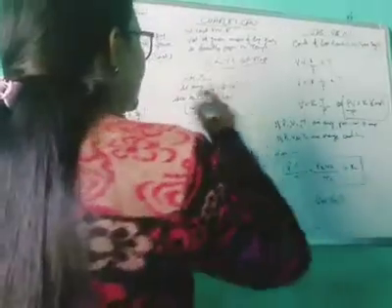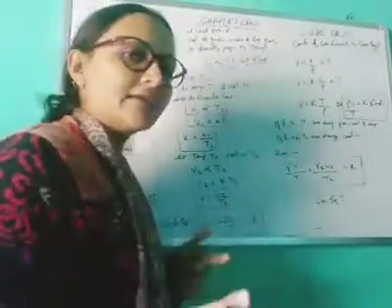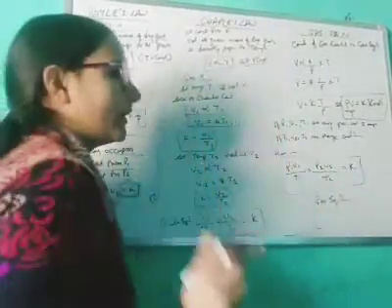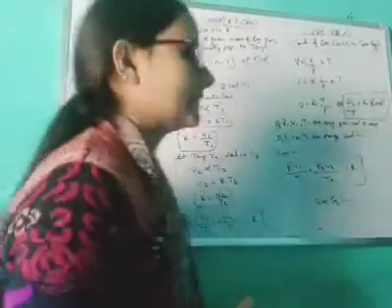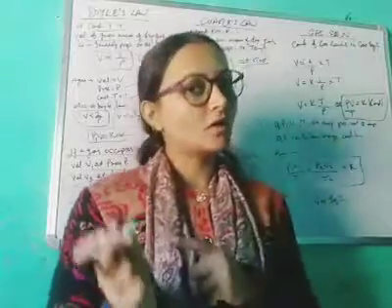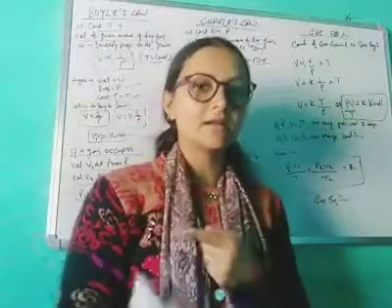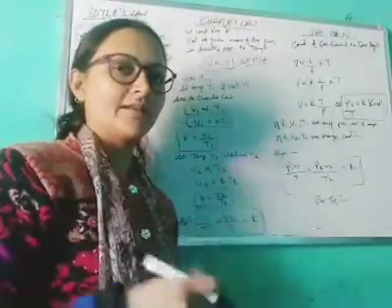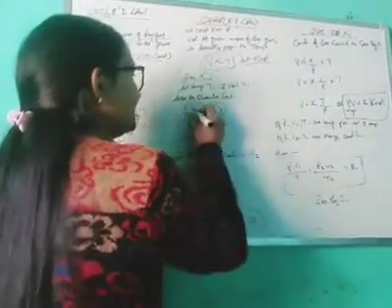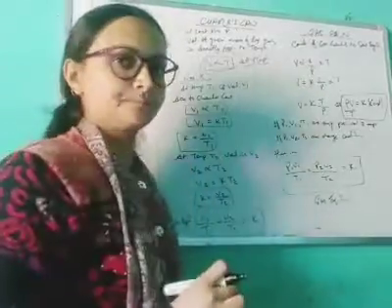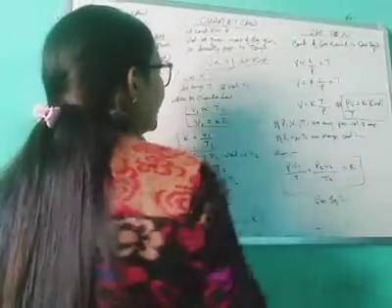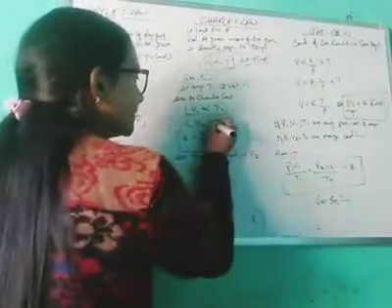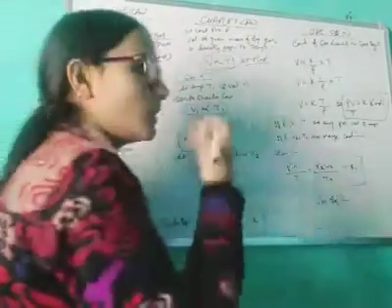Okay, if we take a gas X, any gas, then at temperature T1 the volume will be V1. This is the condition. According to the gas law, how do you write this equation? You write it according to the formula: V is directly proportional to T. So we write V1 directly proportional to T1. We have to remove the proportional sign and write equals and K, where K is constant.